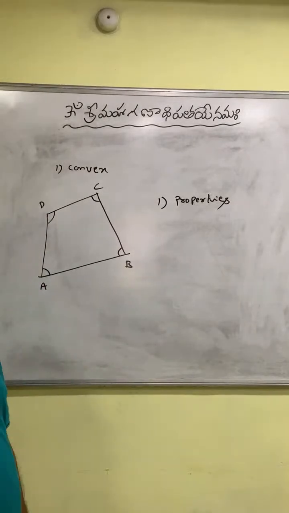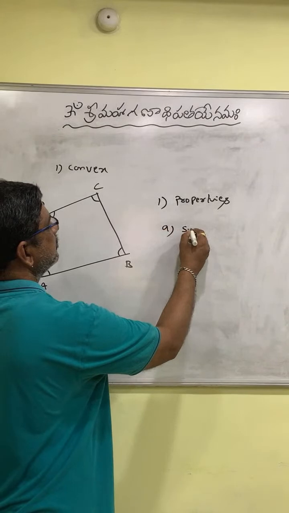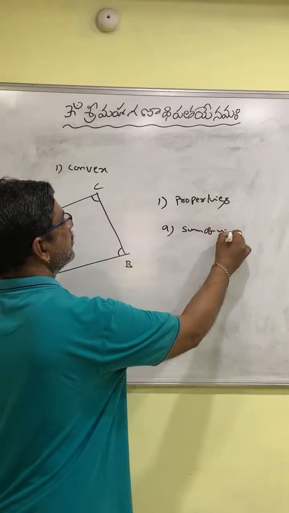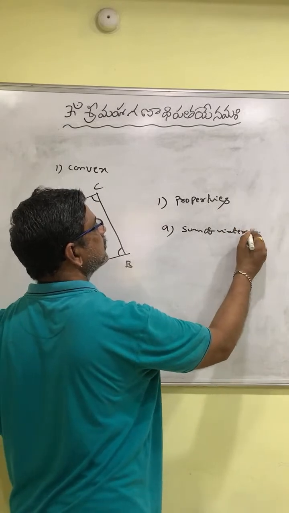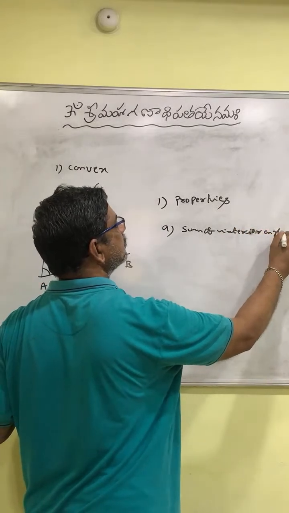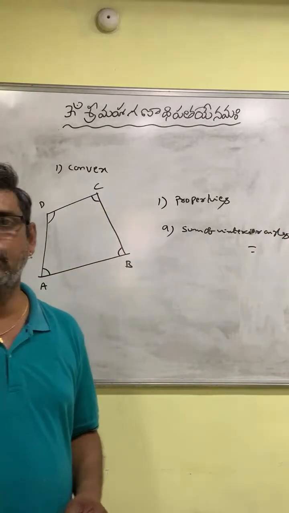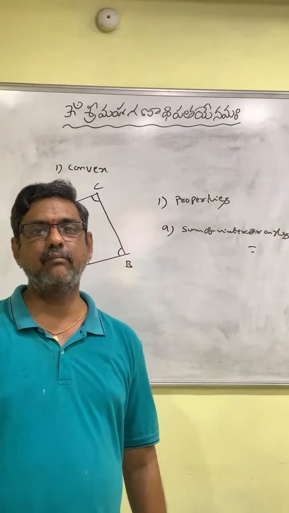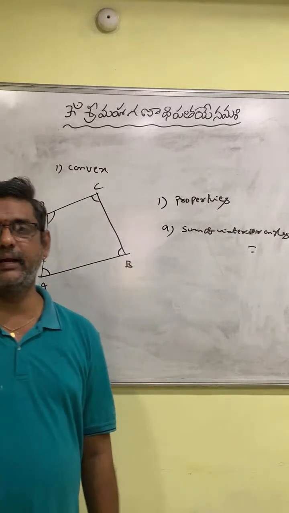What are the properties? The first property is the sum of interior angles. How much is it? Sum of interior angles, how much? I need answers.